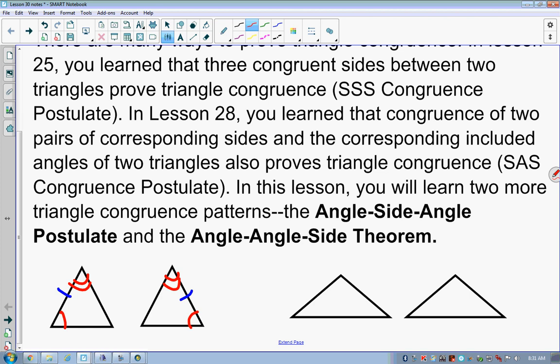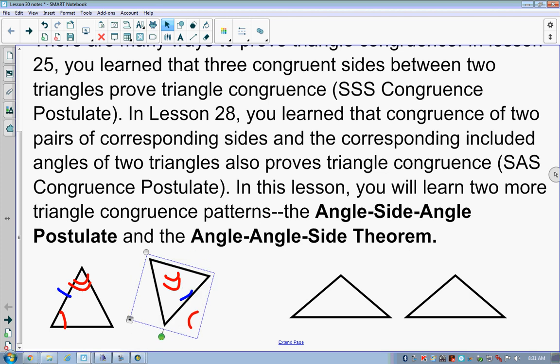I could take this and flip it around. Granted, the tick marks aren't going to follow, and because it's not an equilateral triangle it's going to look a little goofy, but the orientation doesn't matter. Okay, do we follow? So this would be an example of angle-side-angle.